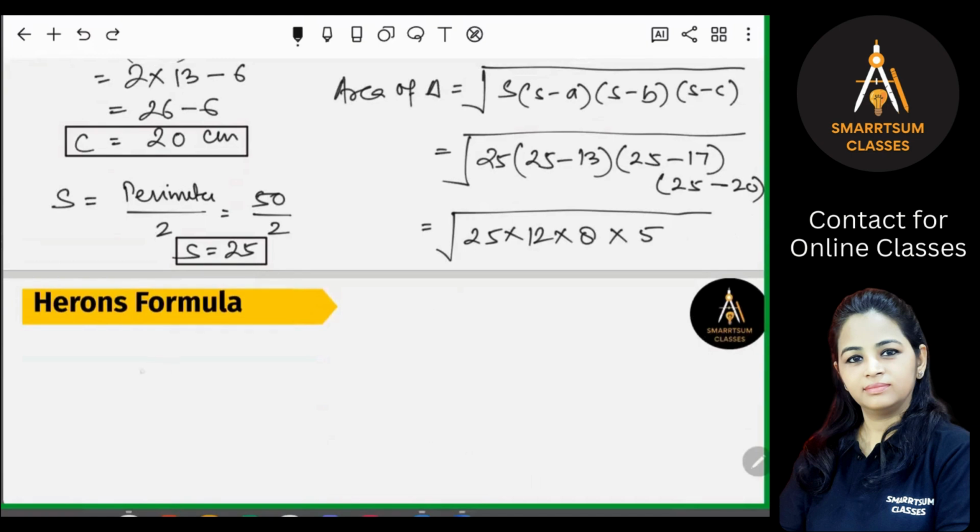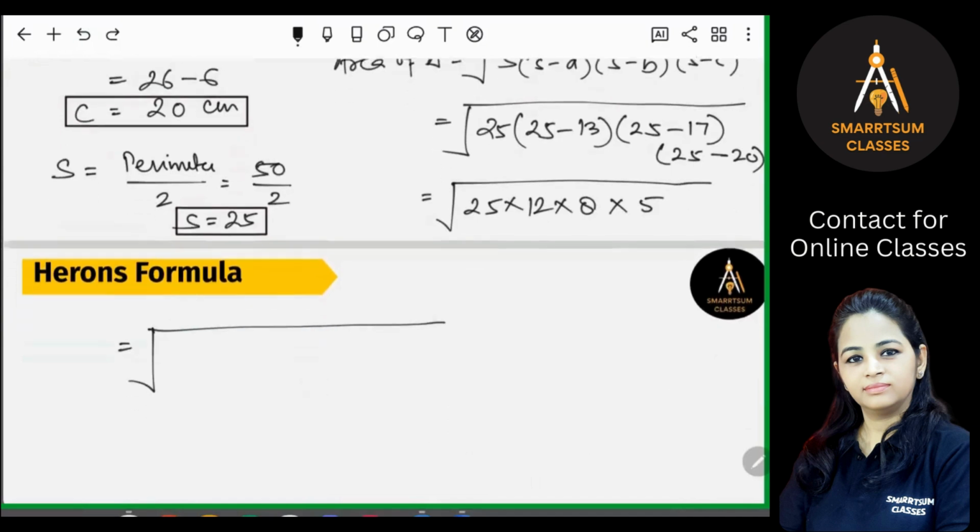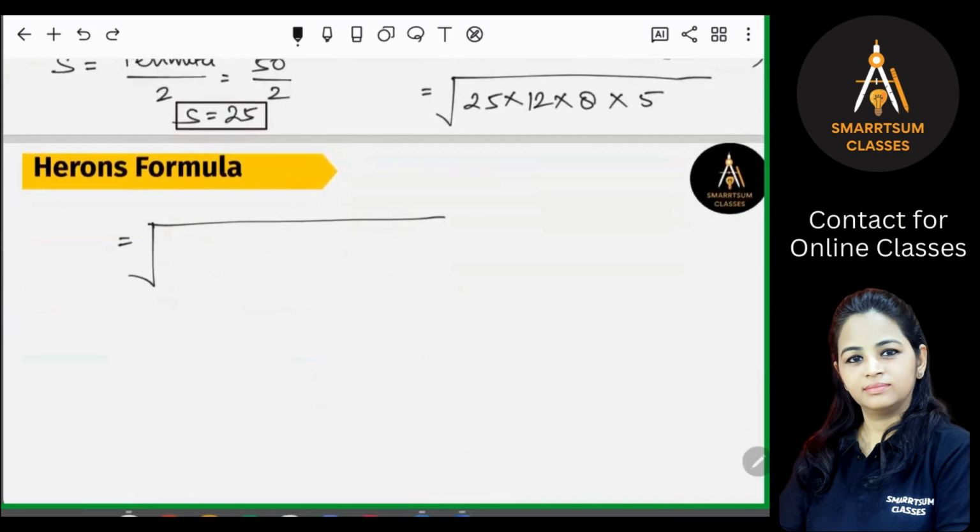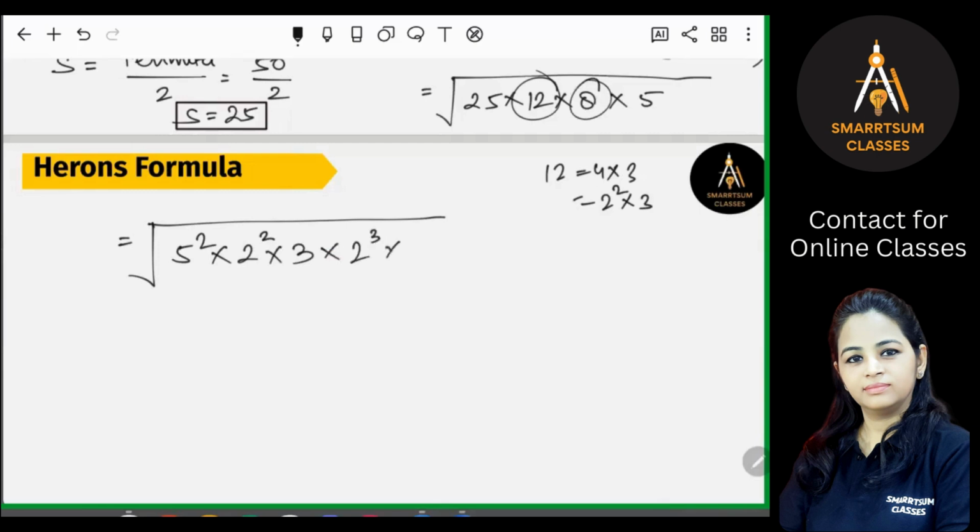Now in continuation, you can write down 25 into 12 into 8 into 5. So again, the same process we will follow to find the square root. We will write each and every number as a product of prime factors, right? So 25 can be written as 5 square, into 12 can be written as 4 into 3, which is 2 square into 3, right? 8 is 2 cube, so write down into 2 cube into 5. 5 is already a prime number, right?